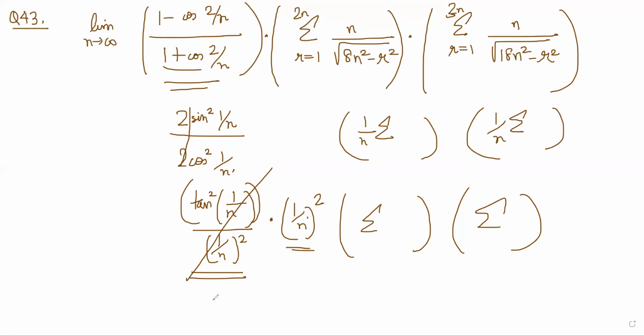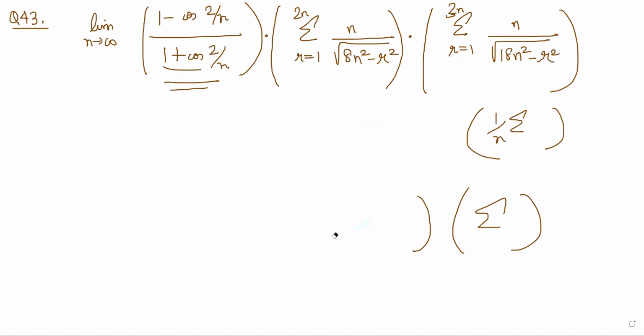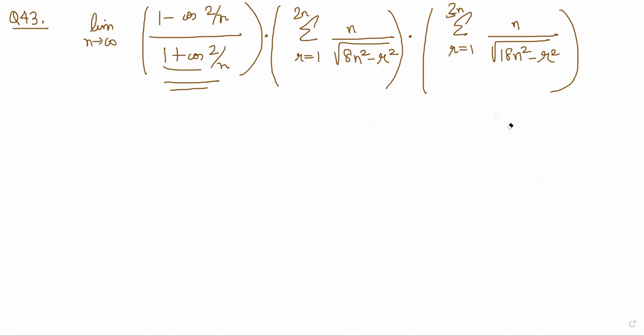So now let's handle the summations, right? The summations are pretty easy. You take out n from the root. So n square, you have to divide by n square. And what you get is n by n root over 8 minus r square by n square, summation 1 to 2n, and there is a 1 by n here, right?